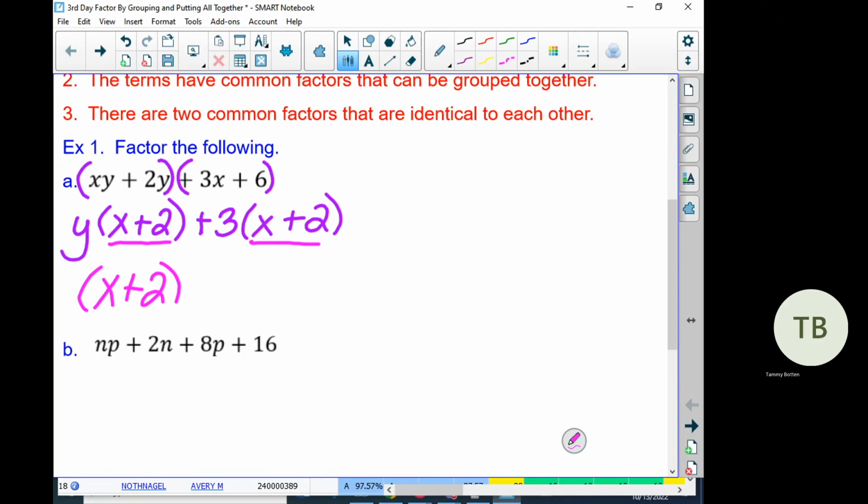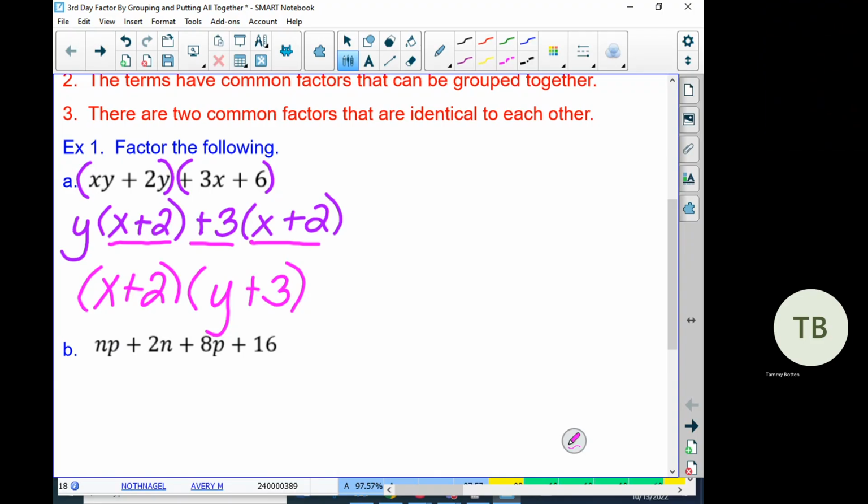And then your other factor is going to be whatever you took out here. And then this. Sometimes it's a +3 that you took out. Sometimes it's a -3 that you took out. So in this case, we took out a +3. Now, if you were on the test and you wanted to see, is that right?